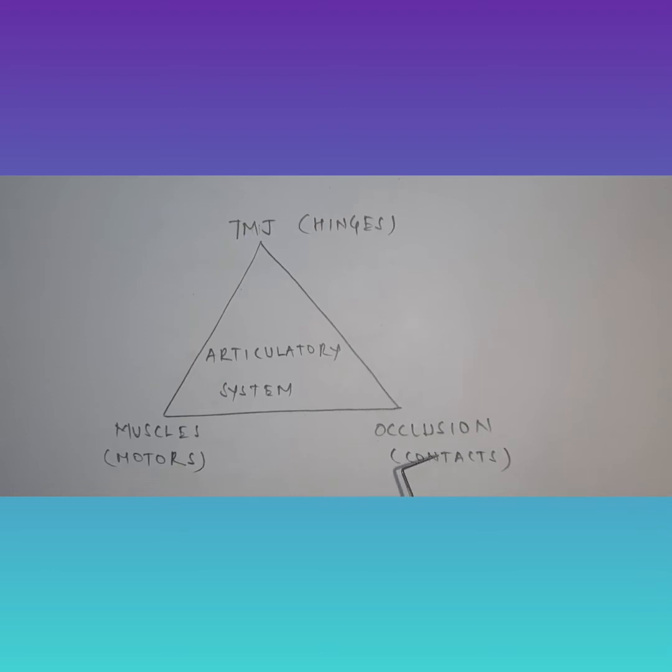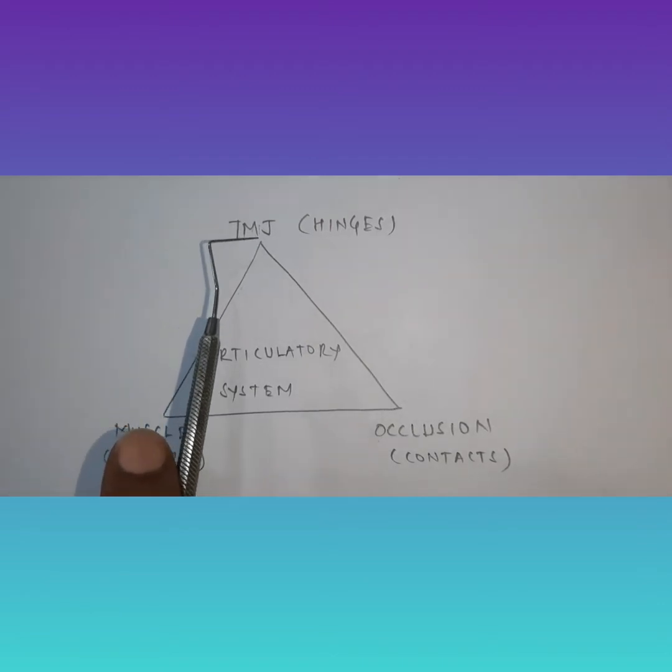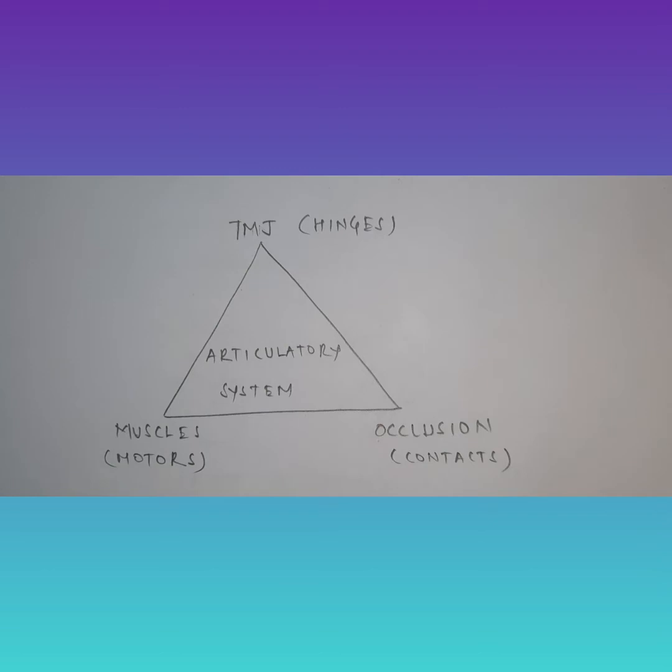So what can happen if you have a problem in occlusion? If you have interferences, or if you are given a restorative material which has interference in occlusion, or occlusion is not proper, then the patient can have temporomandibular joint disorders, which can have a negative influence on the craniosacral mechanism, and there can be poor posture, mind you.